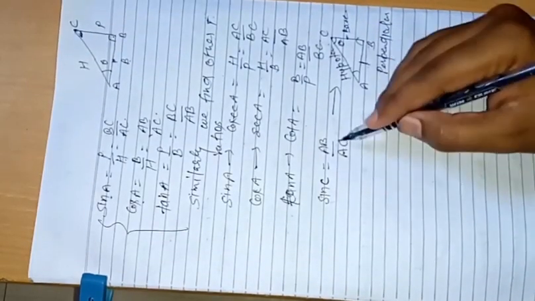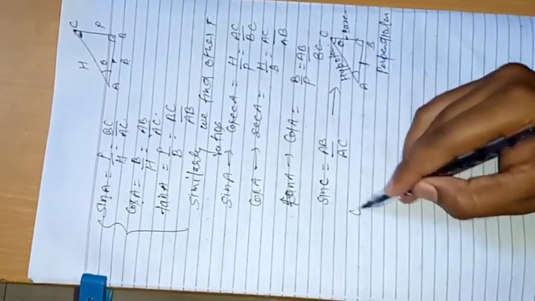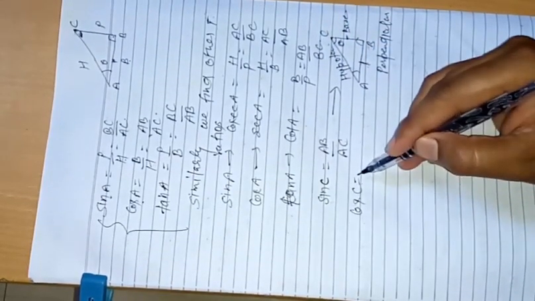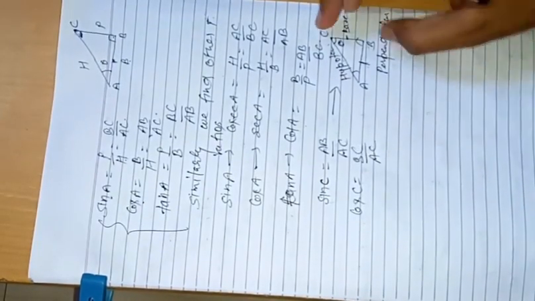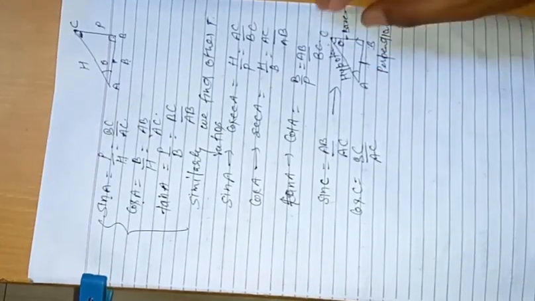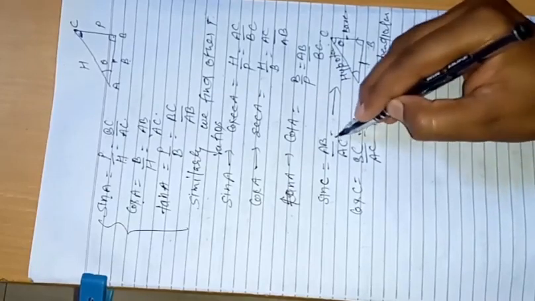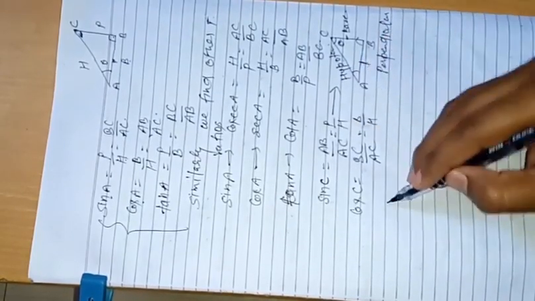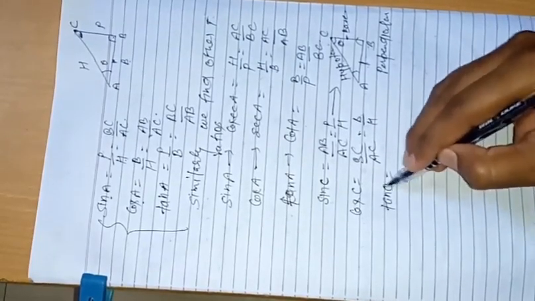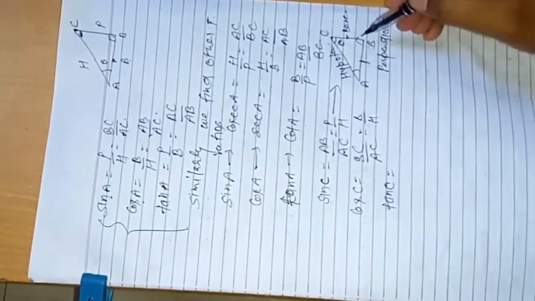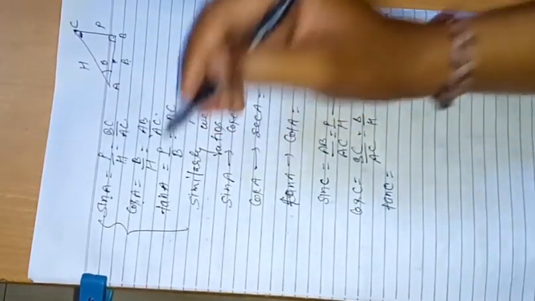So sin C is equal to AB upon AC, cos C is equal to BC upon AC, base upon hypotenuse, and tan C is equal to perpendicular upon base.